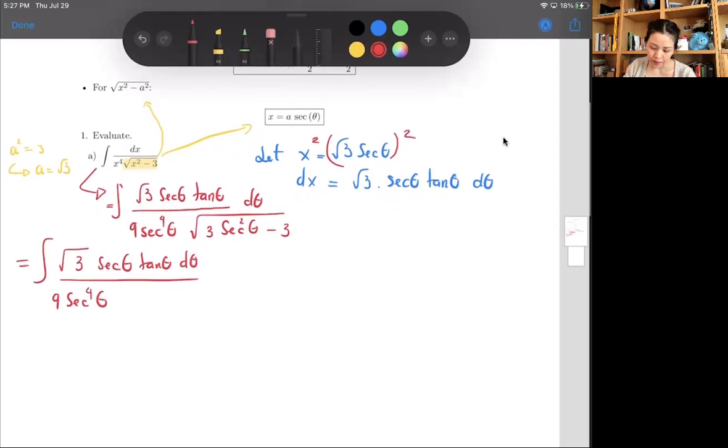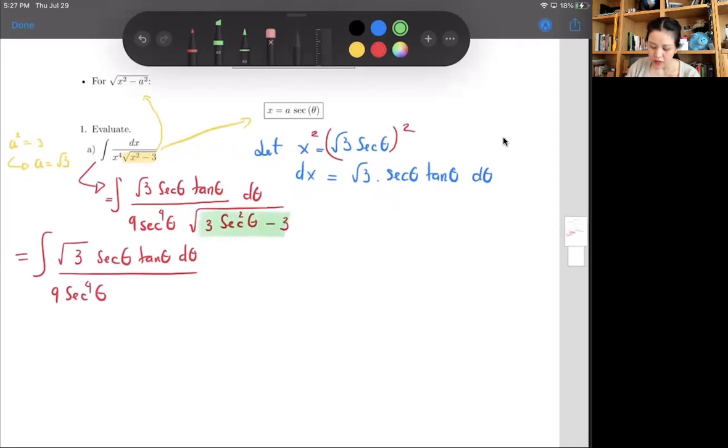For this part, I can factor out the 3, so this is equal to the square root of 3 times secant squared theta minus 1.